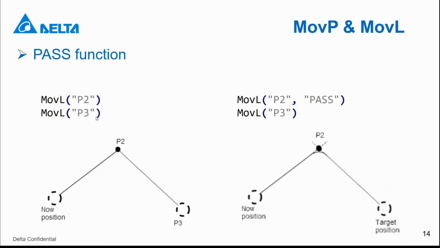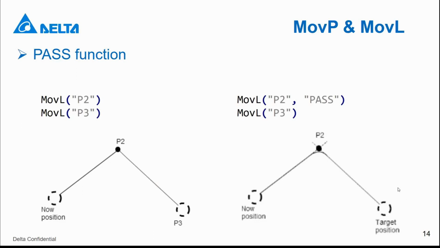But if you use a normal instruction, like move L to P2 and then move L to P3, it will be slower, because at P2 you will also try to reach the target accurately. Then you will spend a little time, maybe a few milliseconds. Then it's slower. But this point is not important because we just want to avoid the obstacle here. So we don't want to spend time at this point.